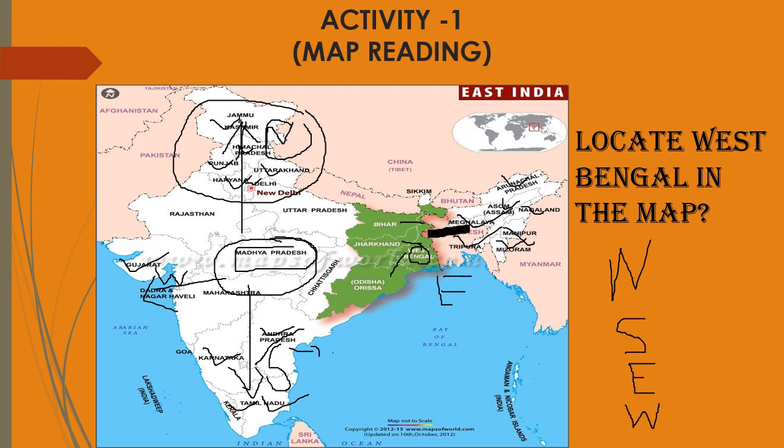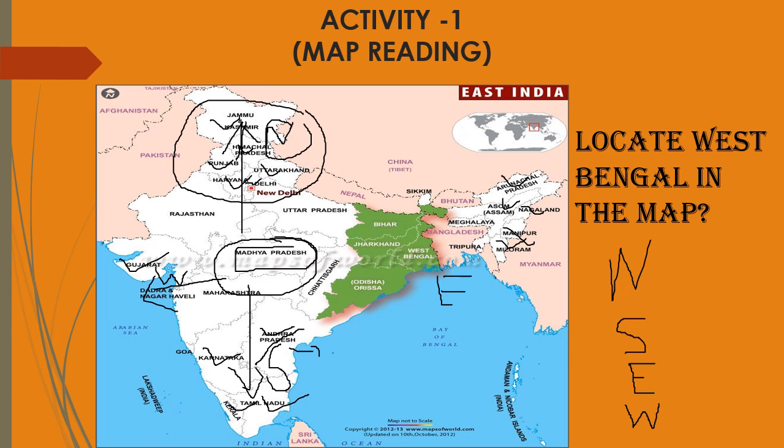This is Bangladesh. This is a country. This is the neighboring country of West Bengal. So I hope you have understood this concept, how to locate West Bengal in the map.